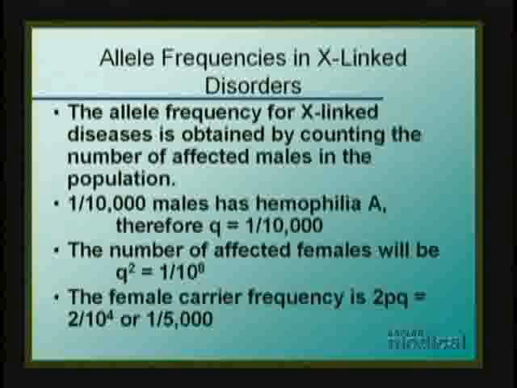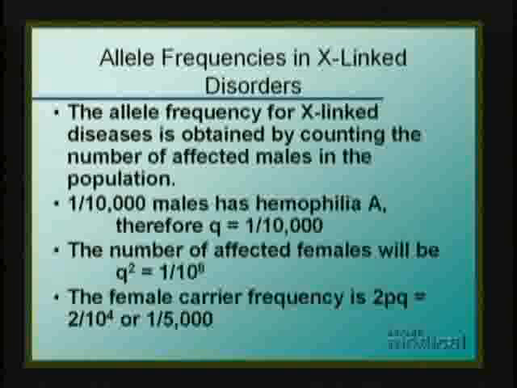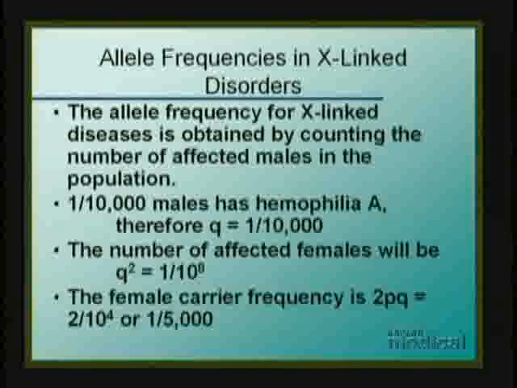Now, this actually makes the calculation for X-linked diseases a little bit easier, because since a male only has 1 X chromosome, if he inherits a mutant X chromosome, he will have the disease. And so therefore, simply by counting the number of affected males in a population, we can directly determine q.